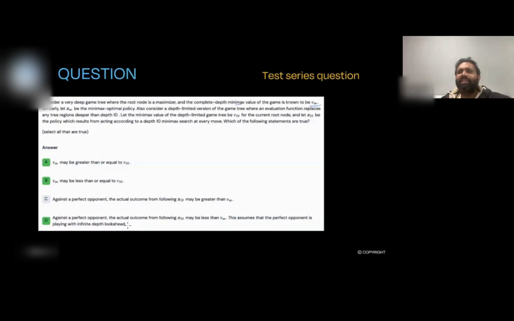That is your strategy. Strategy means given this particular move, what is your move? Given the opponent's this move, what is your move? Similarly, pi infinity is the Minimax policy. And the minimax value is V infinity. So whatever the final value that your root node is getting is V infinity.